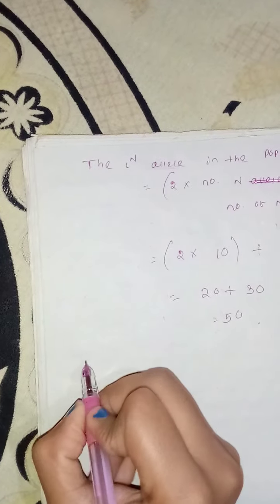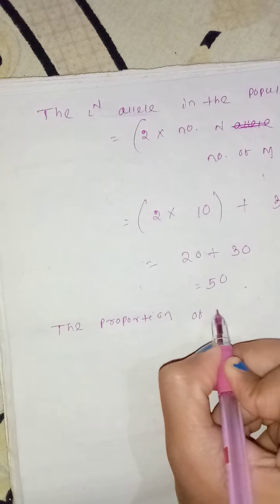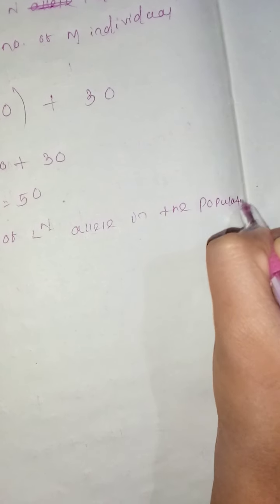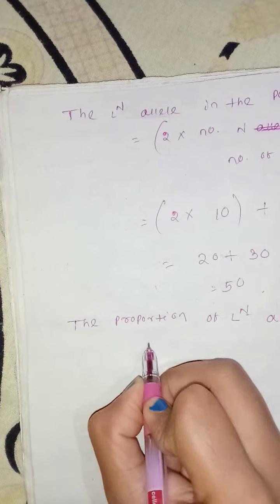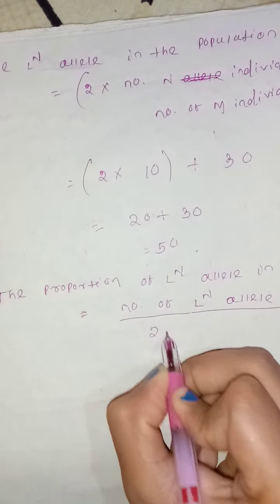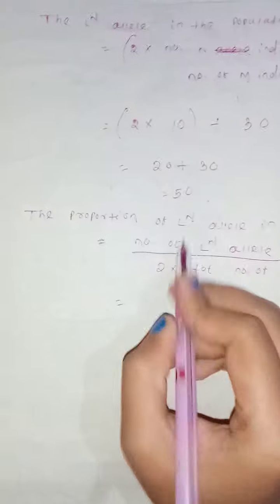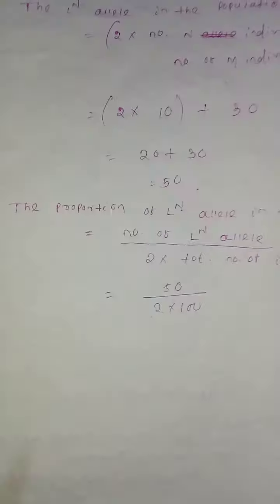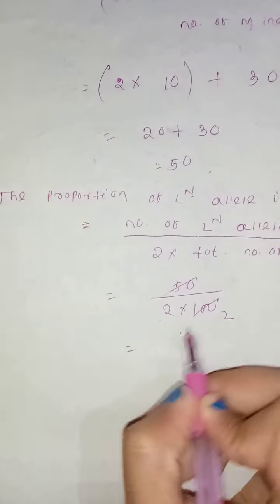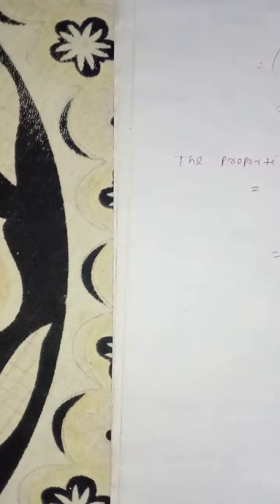Then the proportion of LN allele in the population is equal to number of LN allele by 2 into total number of individuals, which is equal to 50 by 2 into 100, which is equal to 1 by 4, equal to 0.25.